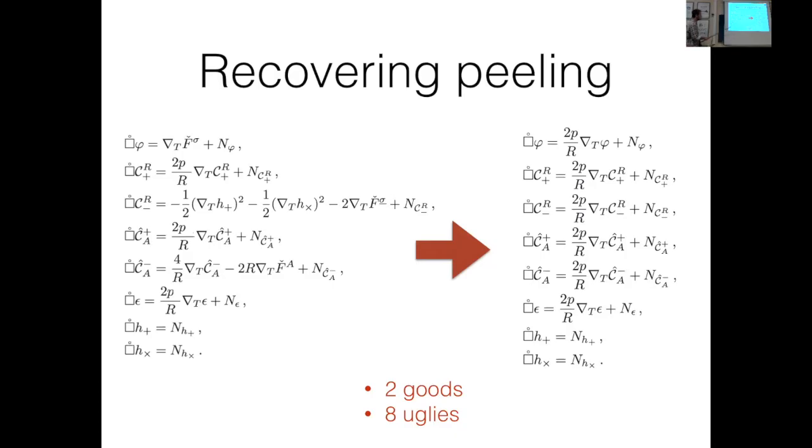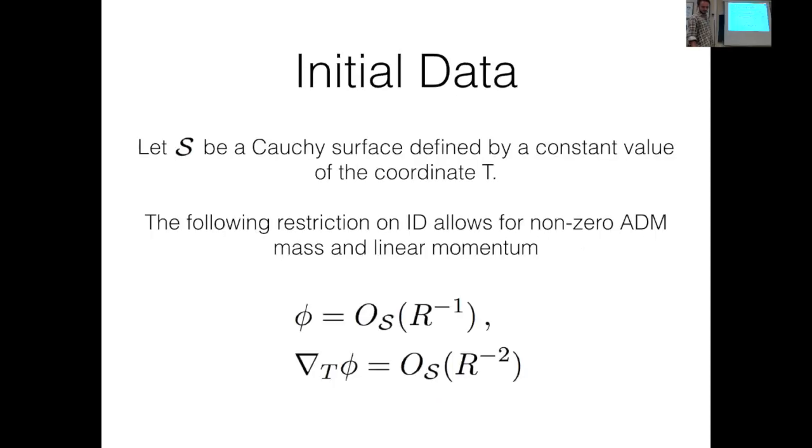So in the end, what you had as an asymptotically very complicated system, you can turn into a very neat system of equations that are basically 8 uglies plus 2 goods. Once again, this only looks nice and clean because all of the complexities are swept under the rug here in these stratified null forms. This is just the asymptotic part and the principal part.